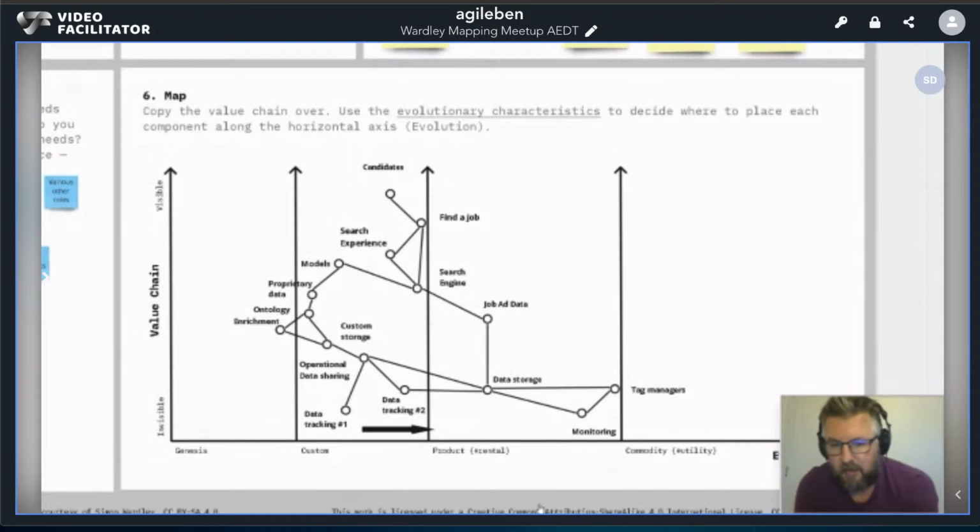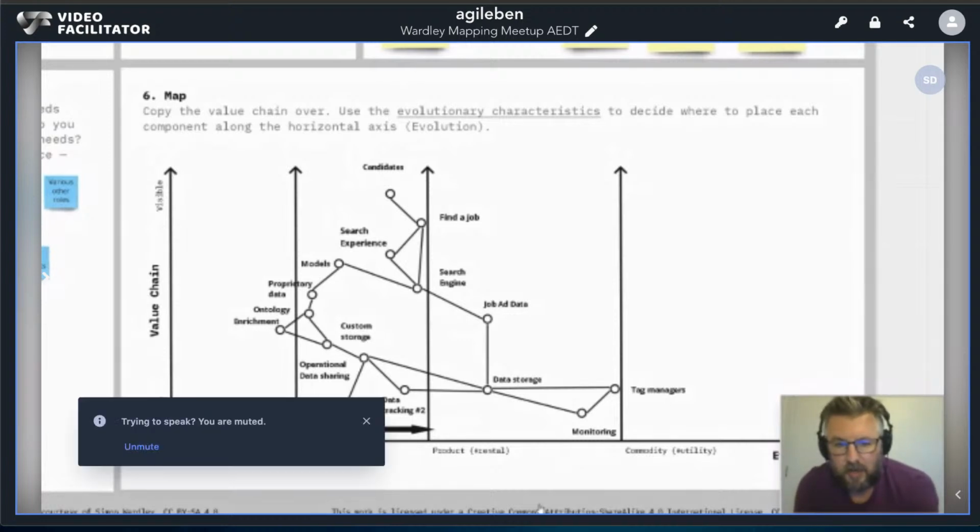What's really powerful about this is when we look at each of these components, we can go, well, that's how it is in the current state, but as things commoditize over time, we could consider how these components move towards the product and commodity side of the chart. And this is where some of your strategy discussions come in.